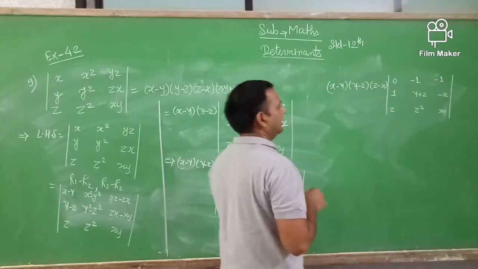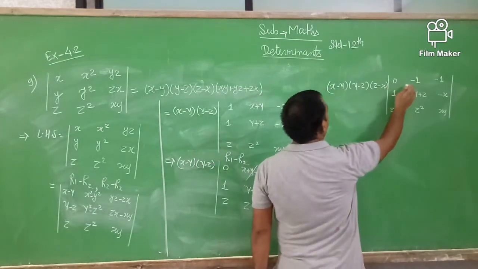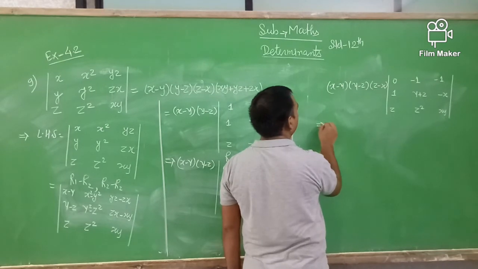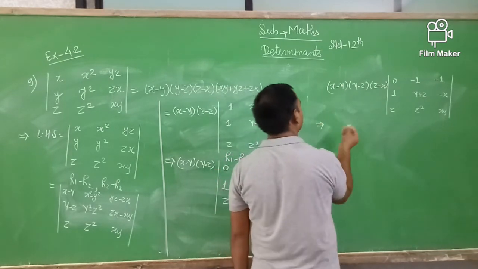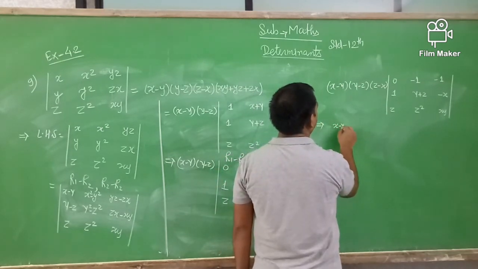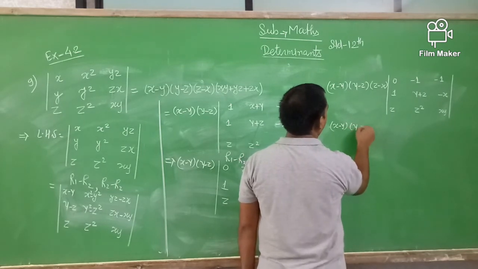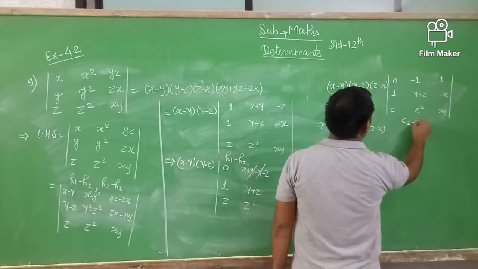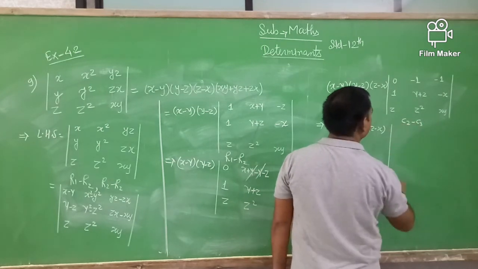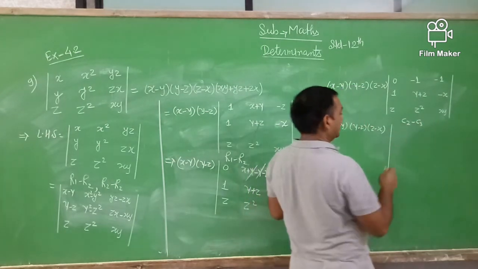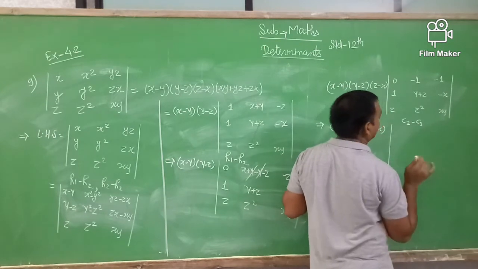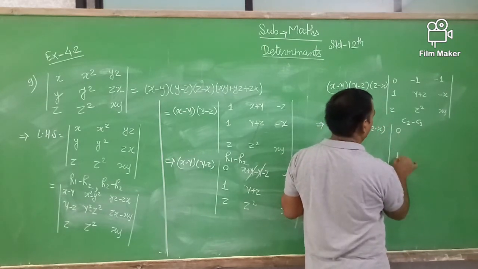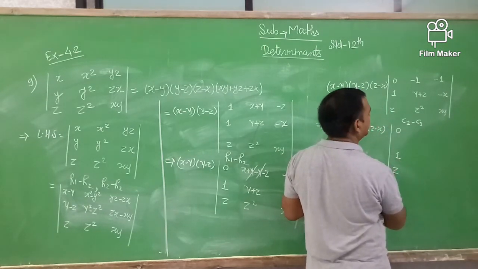Next, here is 0. Suppose that we take c1 minus c3, x minus y, y minus z, and z minus x. Here I take c2 minus c3, meaning the third column is subtracted from the second column, so it is 0, 1 and z, there is no change.